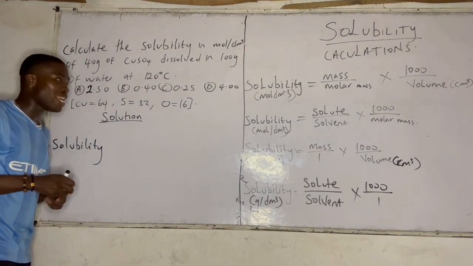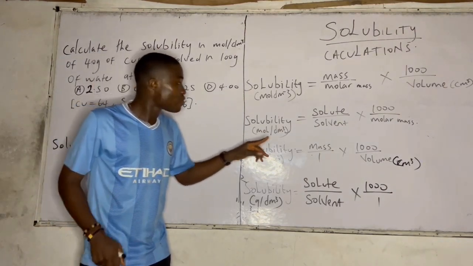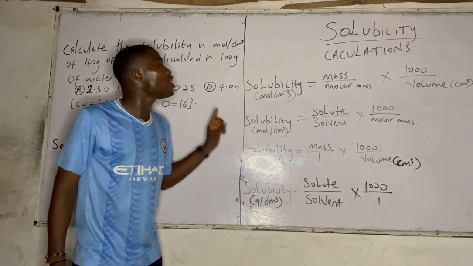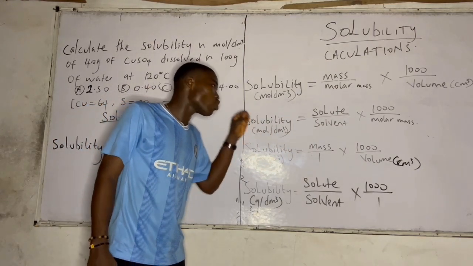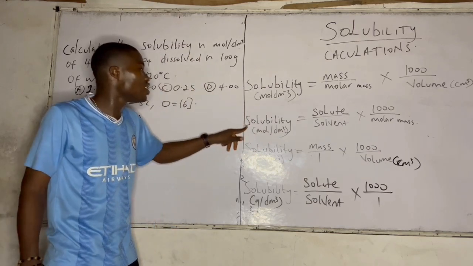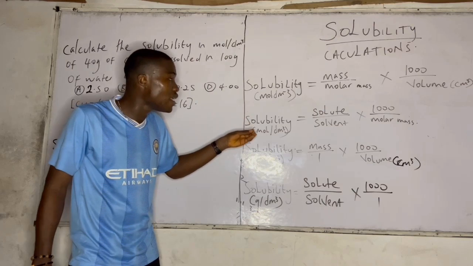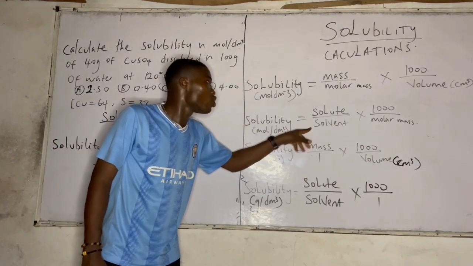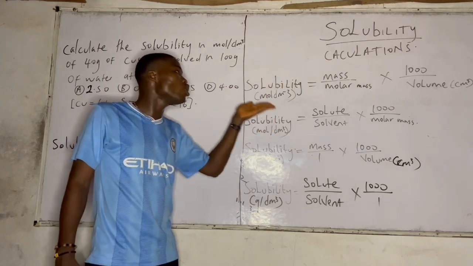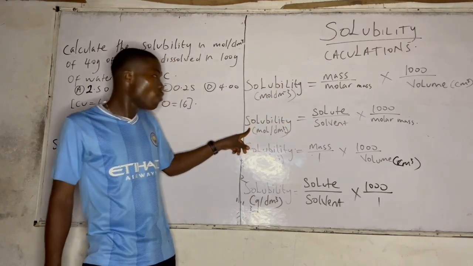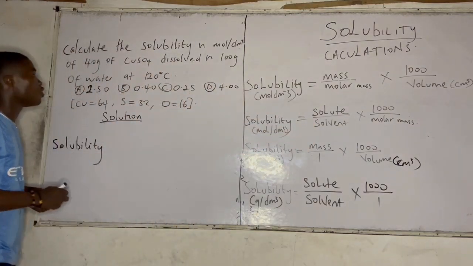Earlier in this video I said that when you are given the mass of water, this is the formula to use to calculate solubility. The solvent can be any other solvent, but for solutions in water, this is the formula where the mass of the water will be given as seen on the board.